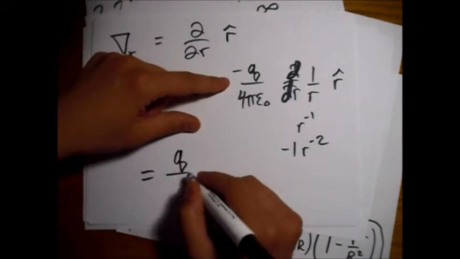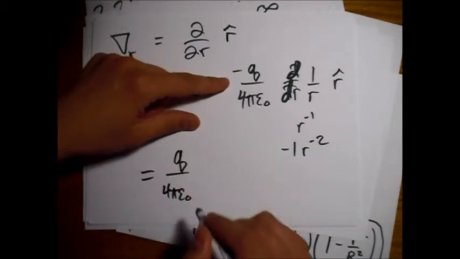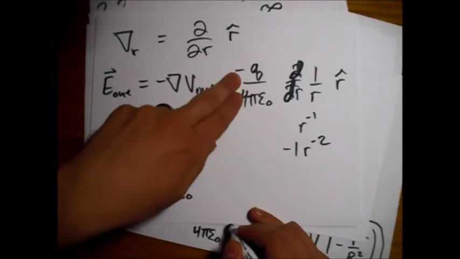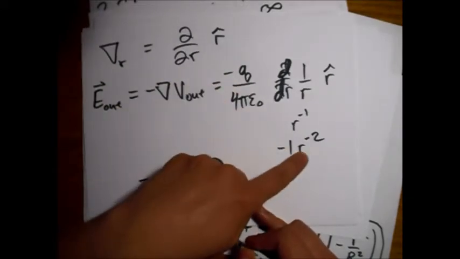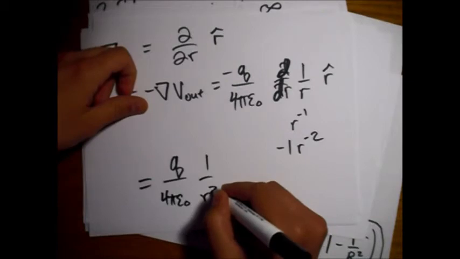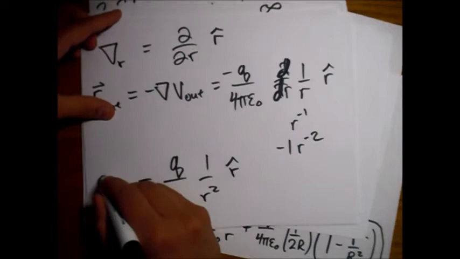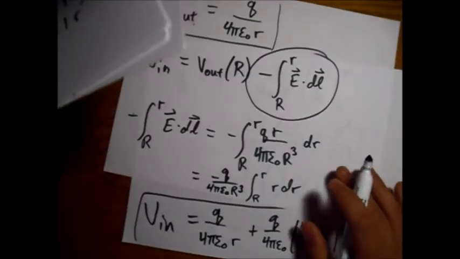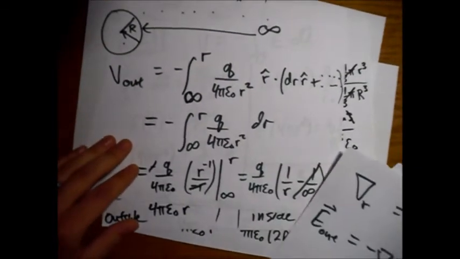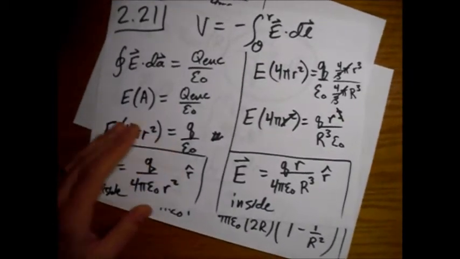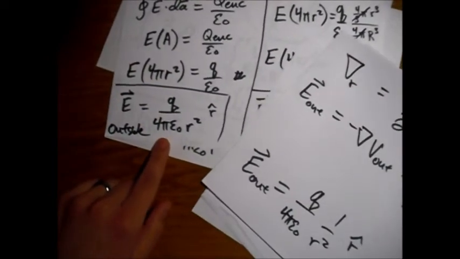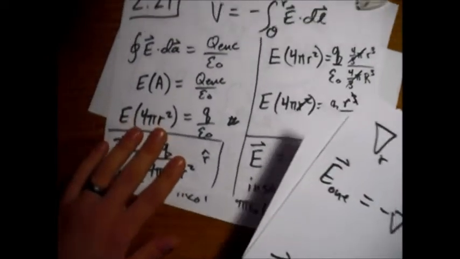So we'll just have Q over 4 pi epsilon naught, and then r to the -2, so 1 over r squared, in the r hat direction. This is our outer electric field, which, if we can find what page that was on, should match up just fine. Obviously, right? It's just the field of a point charge. So here it is. Here's the outer field. Matches up, so that one checks out.